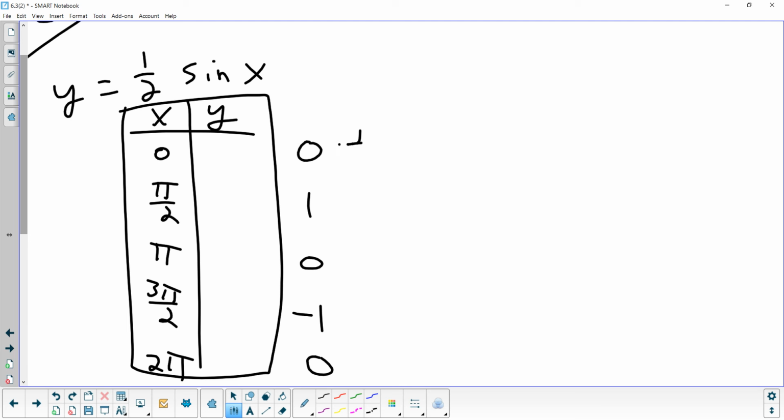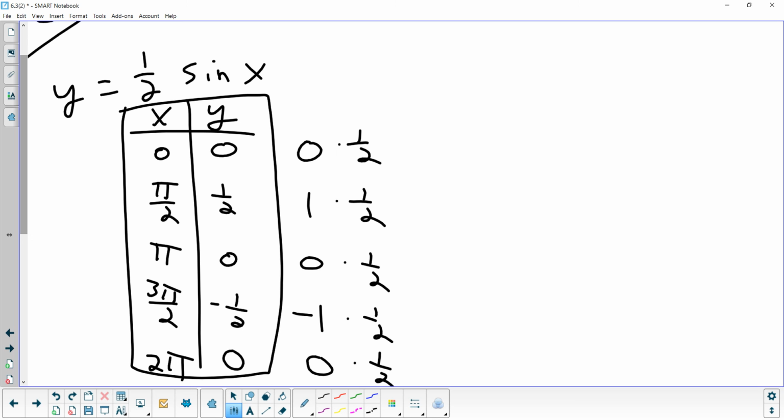Yeah, we'll multiply by a half. So Matt, can you tell me what I get when I do all those? 0, a half, 0, -1/2, and 0. There you go. So there's your table, one point for each X and Y value.